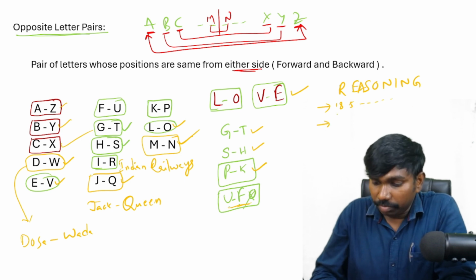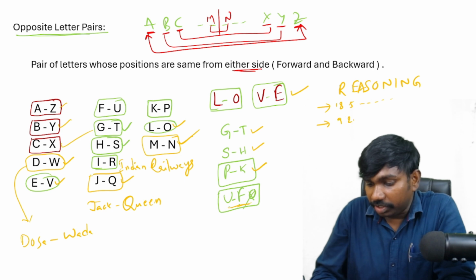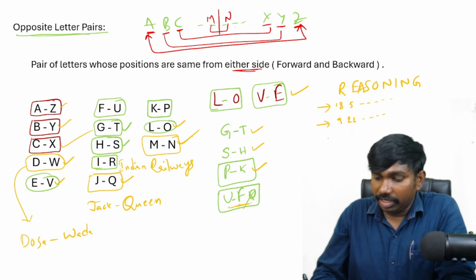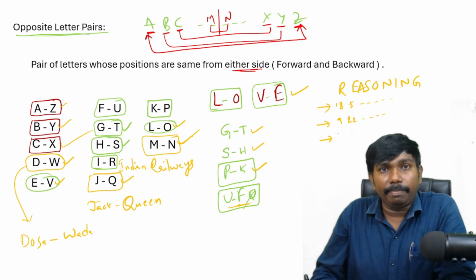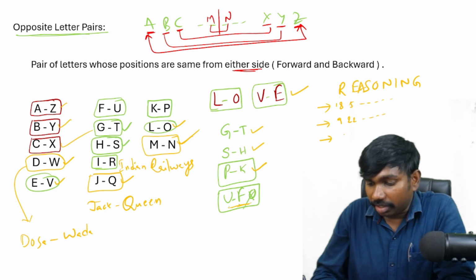In the next row, you write all backward positions, like R is 9, E is 22, and so on. And take one more row, and that is for pairs of letters. Okay, R, IR, Indian Railways, E, love, that's why V, A, that will be Z, S, Sunrisers Hyderabad, H.